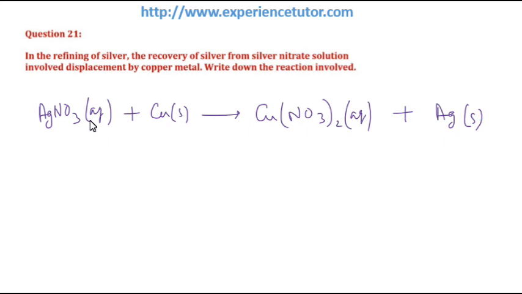Now we can balance this equation as 2AgNO3 and 2Ag. So in this way silver is displaced from the silver nitrate solution.